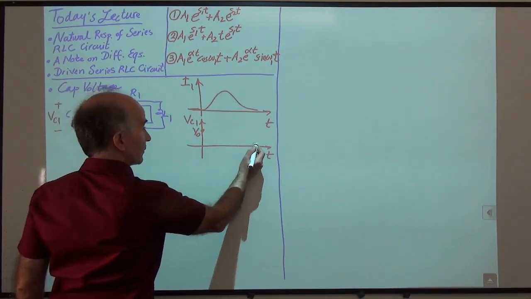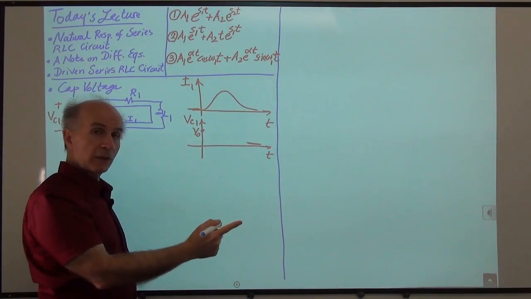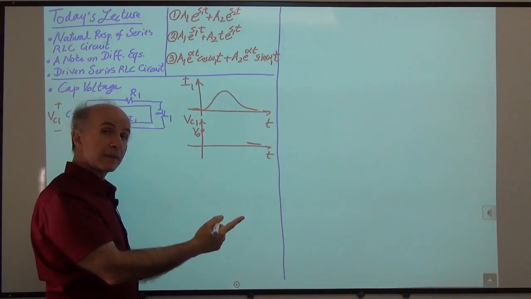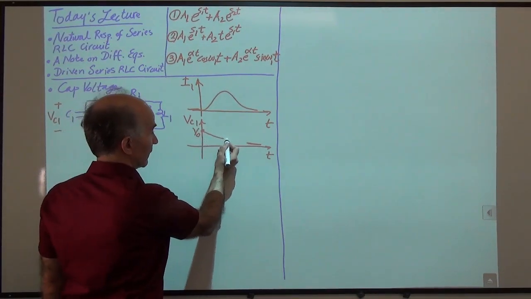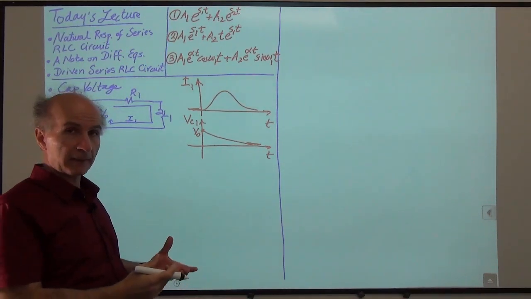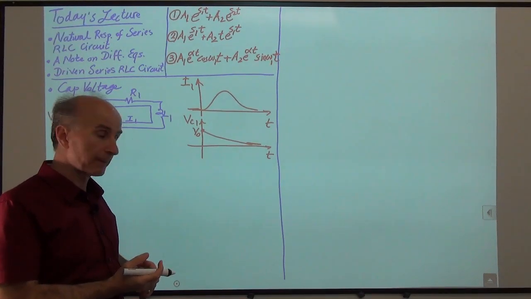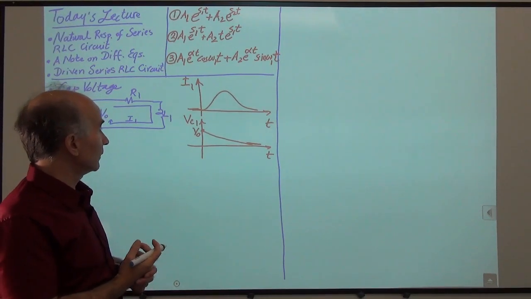So at time infinity, it has to be 0. And in between, somehow it goes from V0 to 0. If it's an overdamped system, we expect that it just goes like this. All right, so that's what we expect, and we just have to find the equation for this behavior. That should not be that hard.